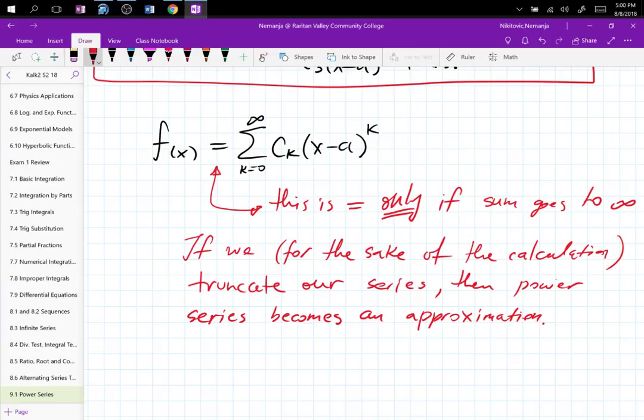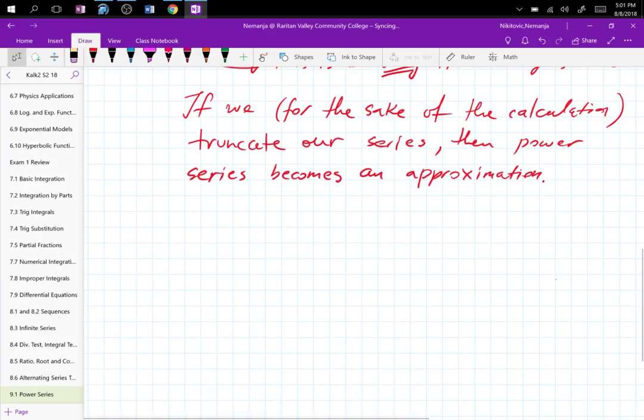Now, the old approximations that you guys know from before, something like the tangent line approximation, is actually the first two terms of the power series.